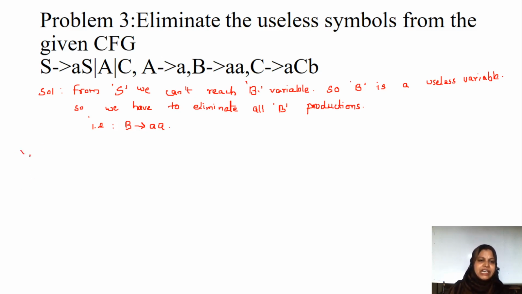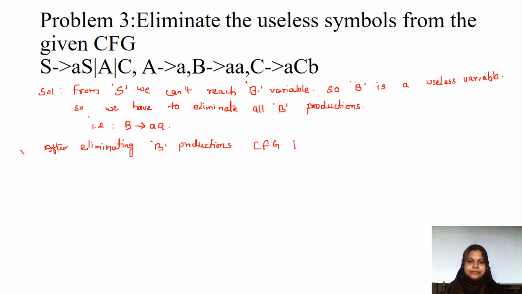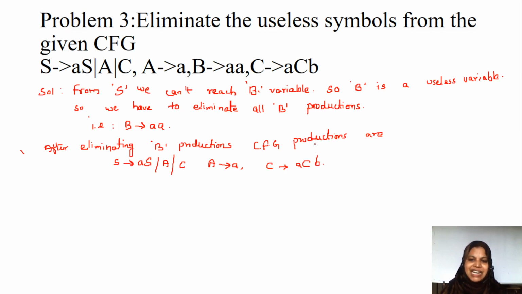Now after eliminating B productions, the CFG productions are S tends to A, S tends to AC, A tends to A, C tends to AC and B. See here, from the starting symbol we can reach this C, but from this C we can't generate a terminal string.